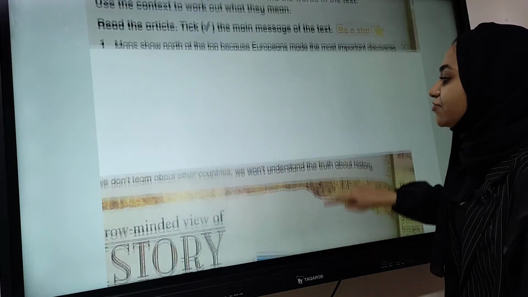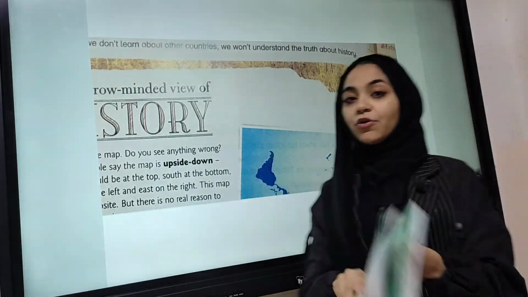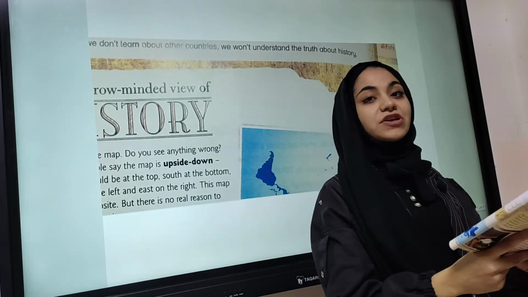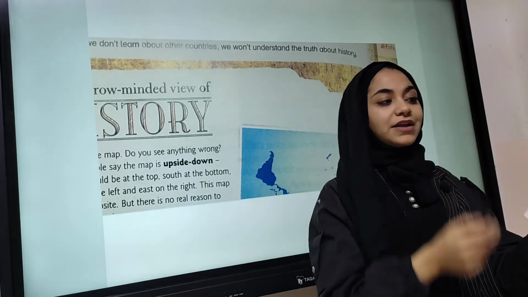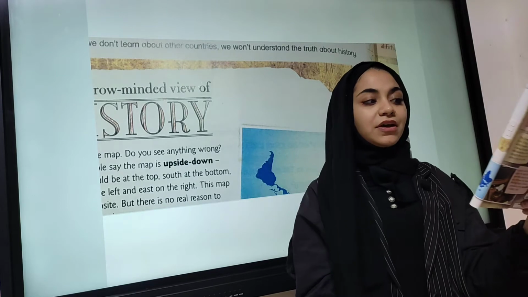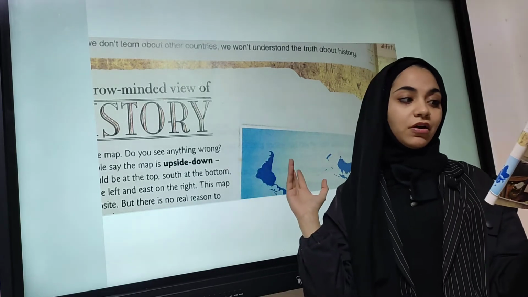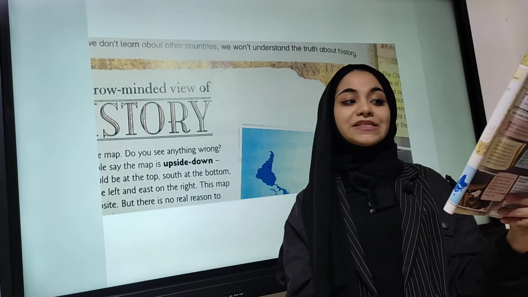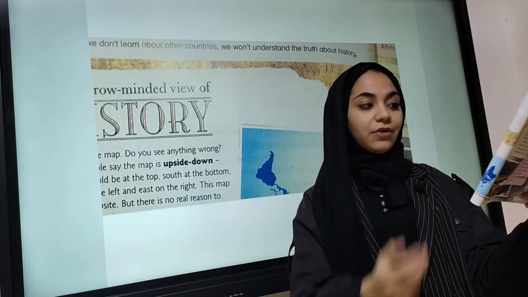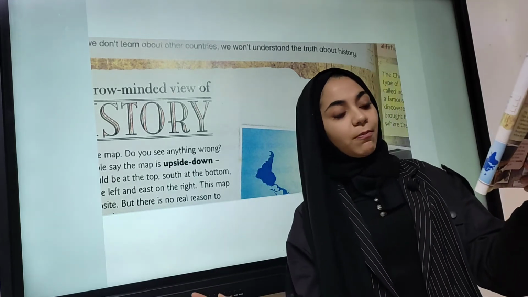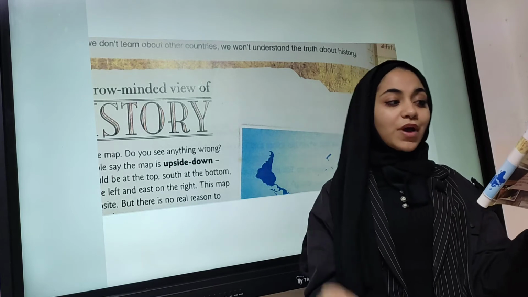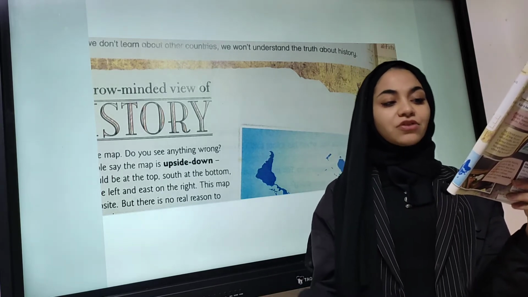So let's start reading. Follow me line by line, the first paragraph. A narrow-minded view of history. Look at the map. Do you see anything wrong? Most people say the map is upside down. North should be at the top, south at the bottom, west on the left, and east on the right.